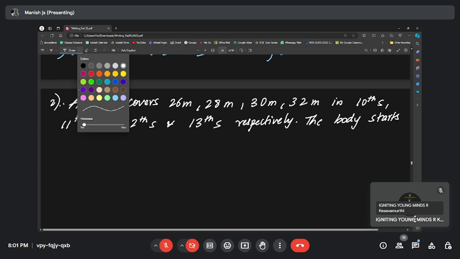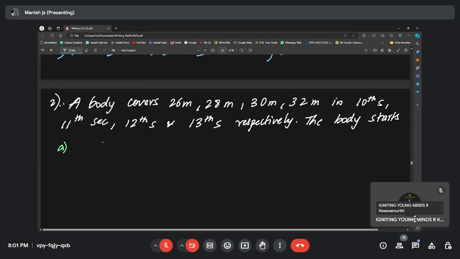Now here the options are there. Option A: the body starts from rest and moves with uniform acceleration.